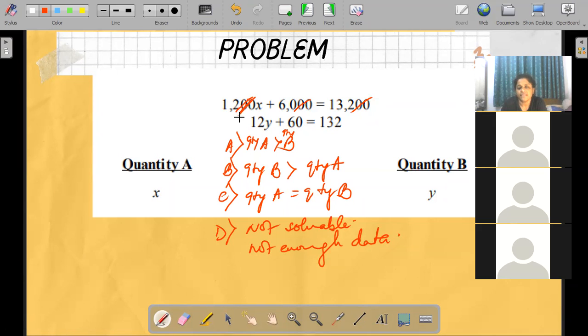So it's the exact same problem. 12x plus 60 is equal to 132. 12y plus 60 is equal to 132. That means I have the same value of x and y here. Whatever you put for x and solve, the same will be the value of y. So that means my quantity A and quantity B are exactly the same. If it's exactly the same, that means C is the option. You do not need a pen for this.